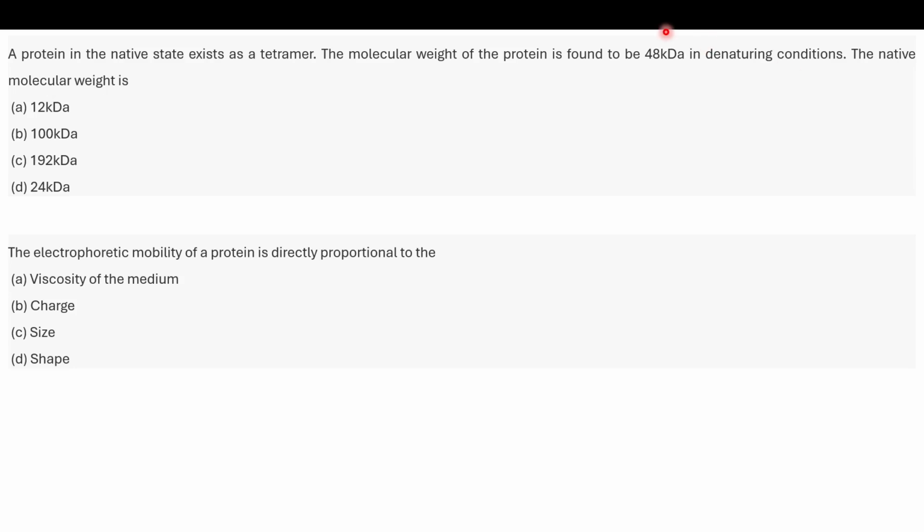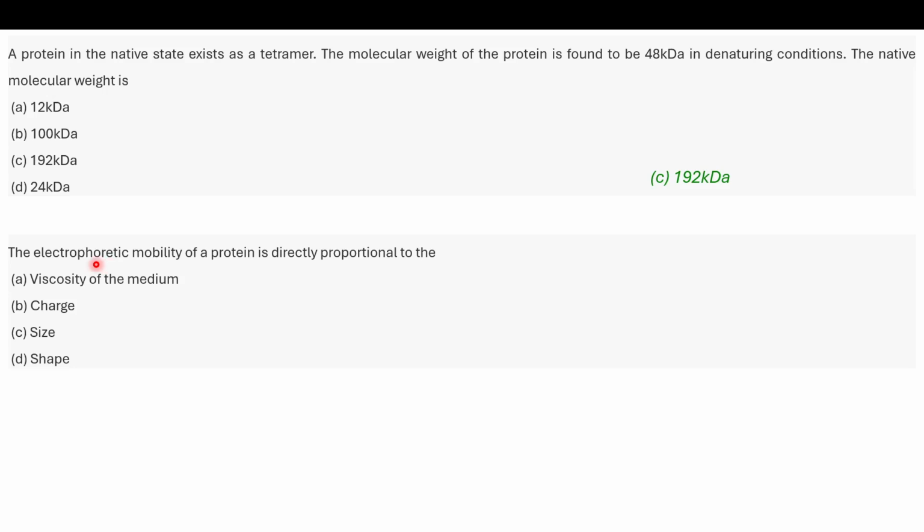So if it exists as a tetramer, what will be the native molecular weight of the protein? Option C, 48 times 4. Yes, it will be 192 kilodalton.